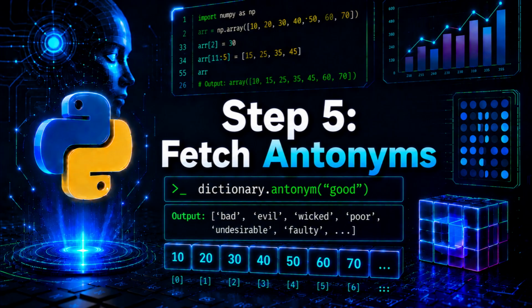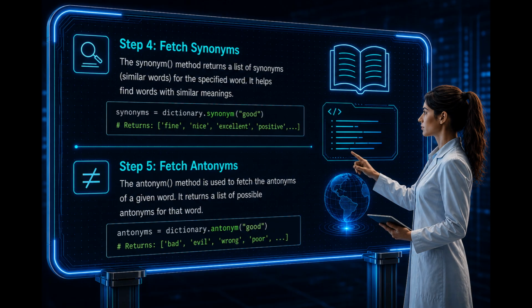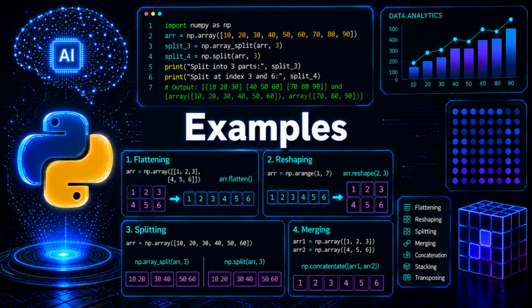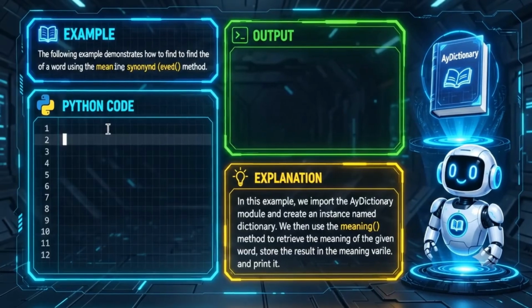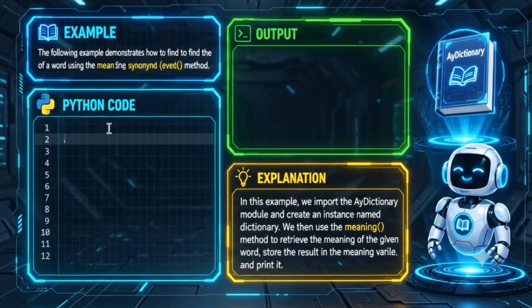Step 5. Fetch antonyms. The antonym method is used to fetch the antonyms of a given word. It returns a list of possible antonyms for that word. Example. The following example demonstrates how to find antonyms of the given words using the antonym method.